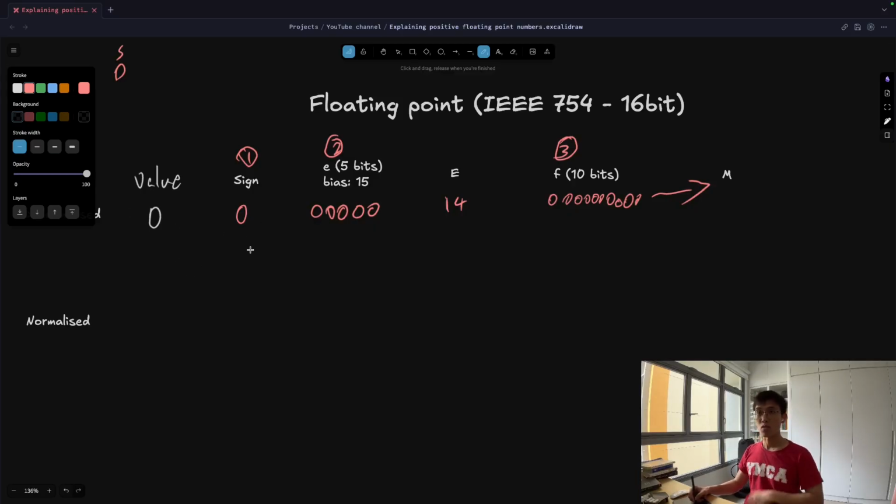So let's go to the smallest positive value of f16. For a denormalized number, the numbers which are closest to 0, again, let's write down the smallest positive value.